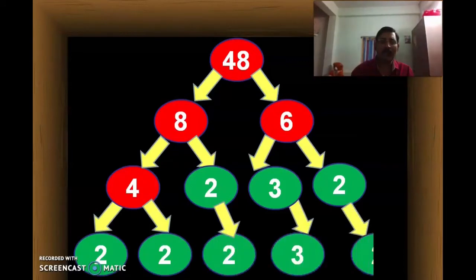So again, like the previous one, in the last line we can see all the prime numbers. So 2 into 2 into 2 into 3 into 2. So here also we are getting 2 power 4 into 3. So here we are able to express it as the product of primes.